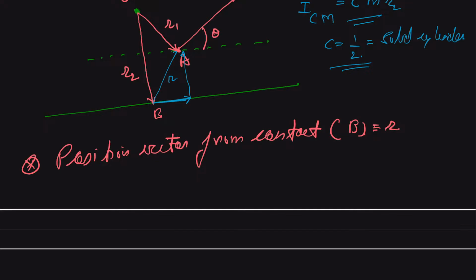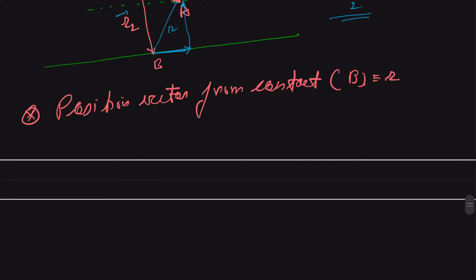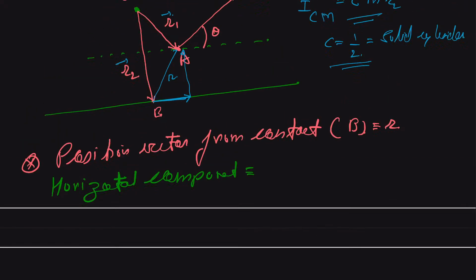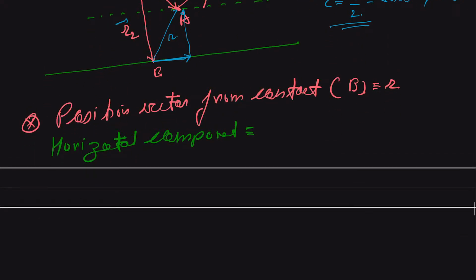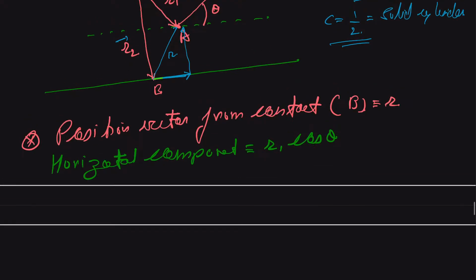And this R1 and R2 once again are the position vectors of A and B. Therefore we can write that the horizontal component will be equal to R1 cos of theta, because we are interested in this component. Horizontal component will be equal to, and this component will be equal to this component.